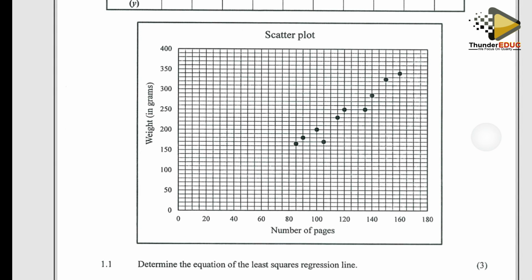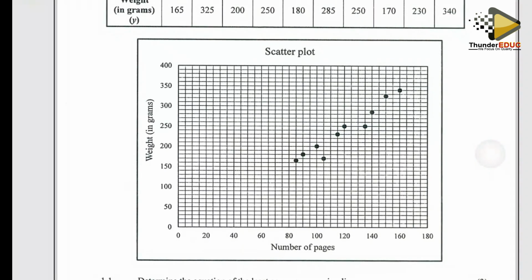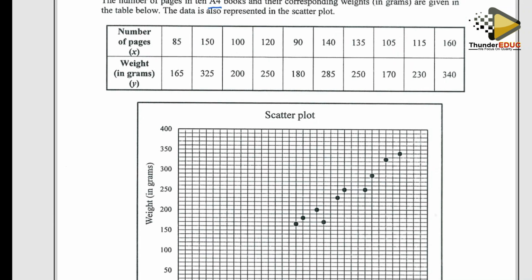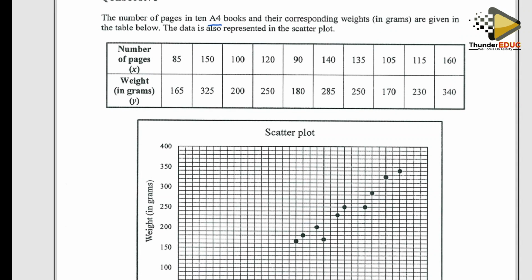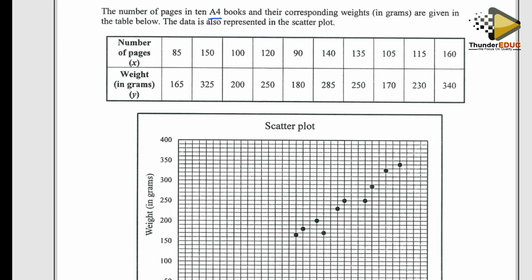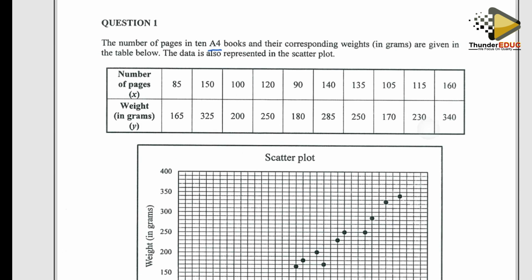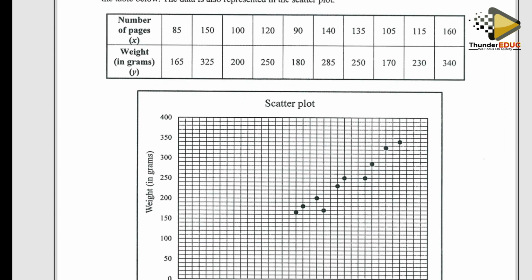Then the first question, 1.1, they want us to determine the equation of the least squares regression line. One thing we said under the prediction was that it's always vital that we understand how to use the calculator to enter these values. I have already entered my values into the calculator and I have some answers. Remember, it's the mode, then after the mode, you have to do the proper selections and choose the correct options.